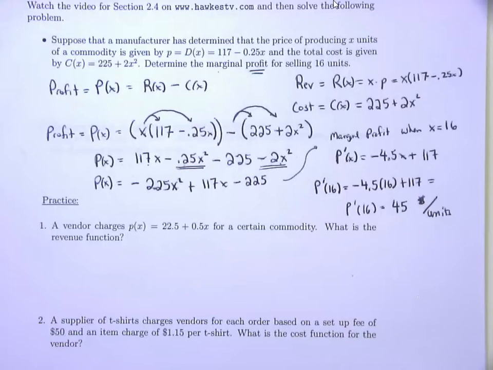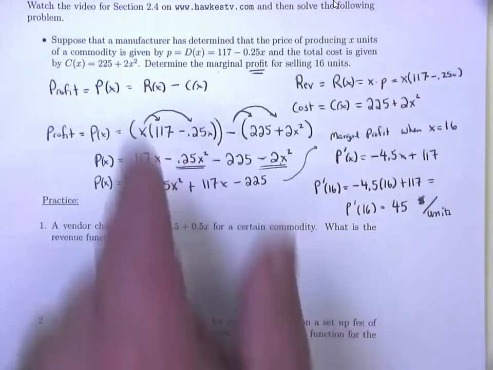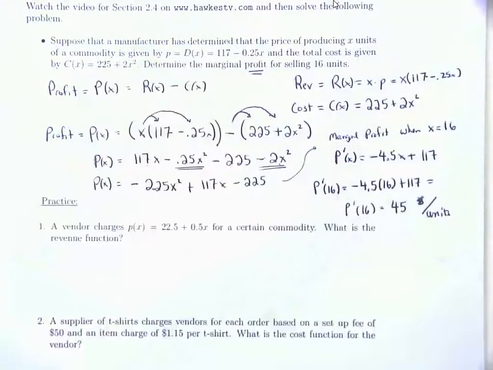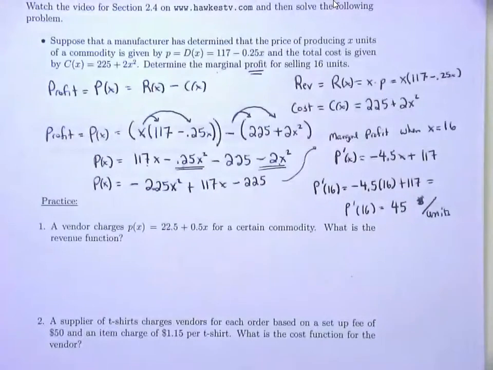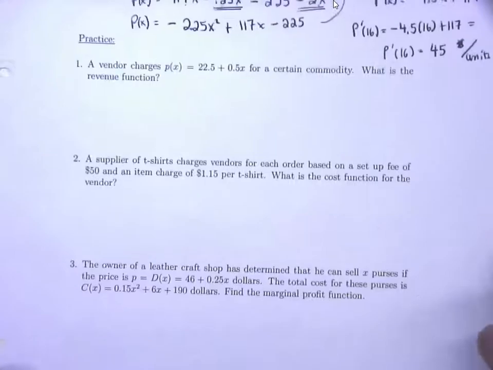Supply and demand is all based upon these equations. But right now, what this is telling me is once I sell 16 units, I am actually making $45 per unit in profit for the company. Does that make sense? All right? Let's take a look at some of these practice problems here.